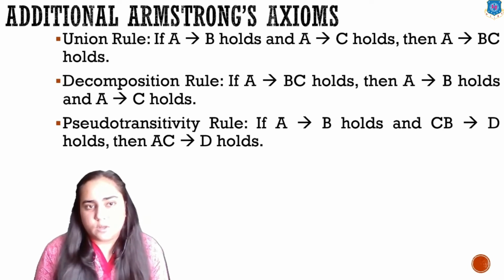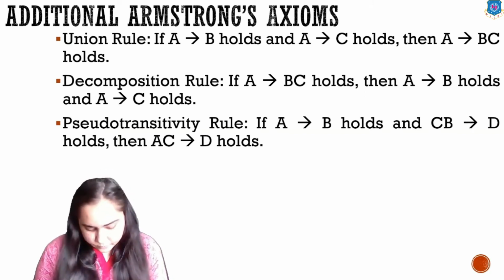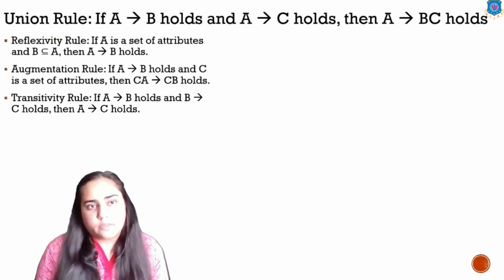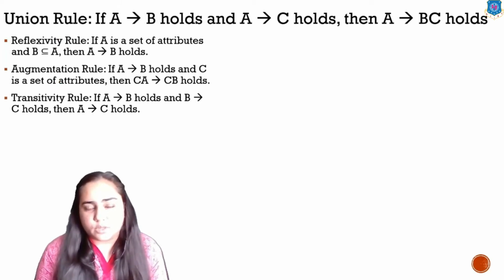Now we're going to go ahead and prove these rules one by one. The first one that we are going to prove is the union rule: if A determines B and A determines C, then we are going to prove that A determines BC. The rules that are given to you are the basic ones. You cannot use the other rules.